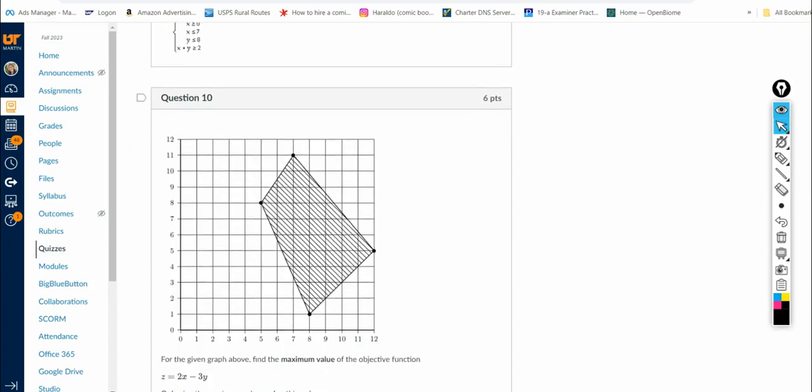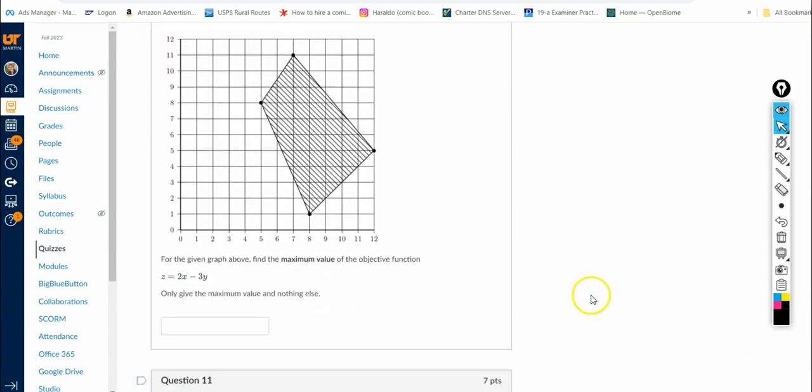All right, let's continue on with this one. First thing we need to do is identify the corner points. Okay. So this corner point here has coordinates 5, 8.